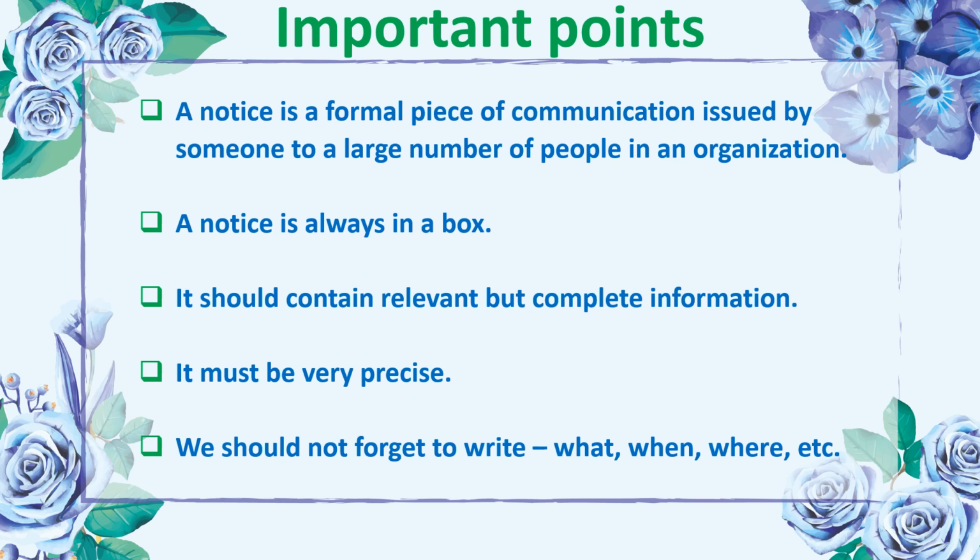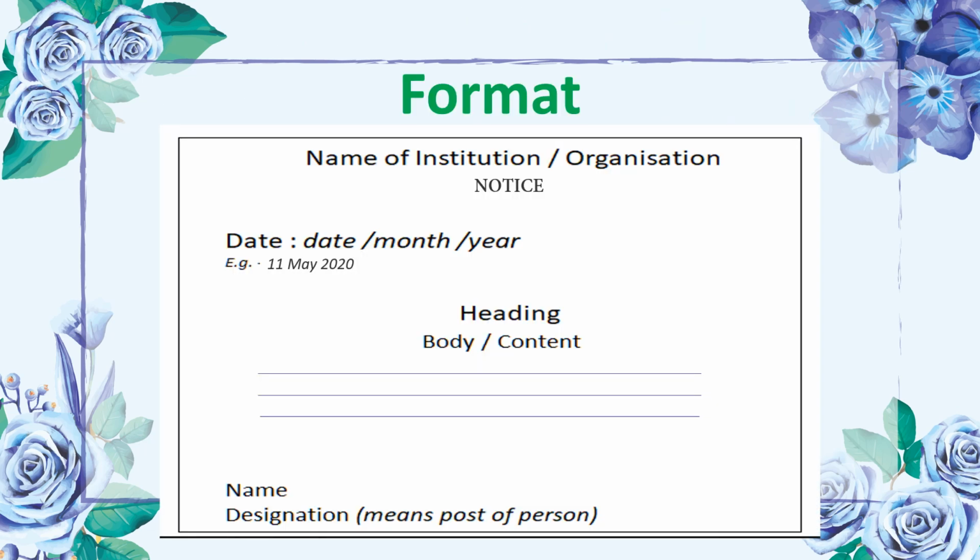You should not add any irrelevant information in your notice writing, as the word limit is only 50 to 75 words. We should not forget to write what, when, where, etc. As I told you, important information and complete information is a must in notice writing.